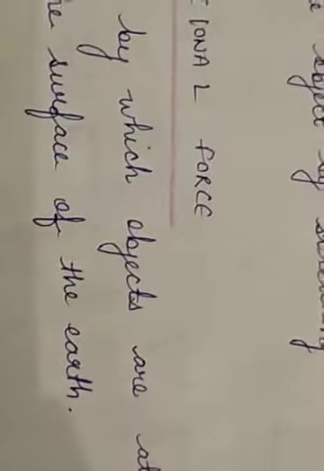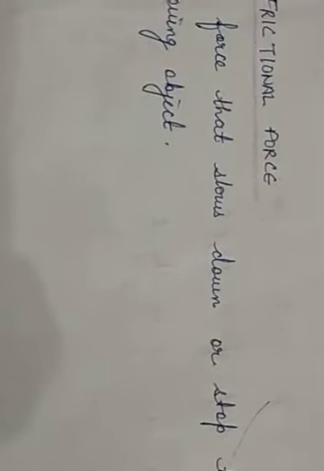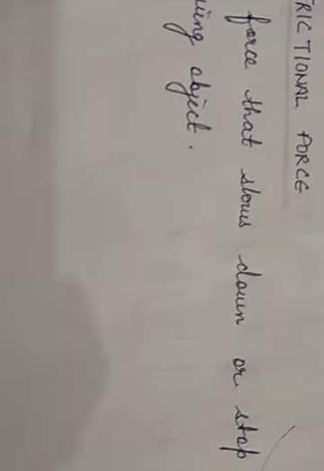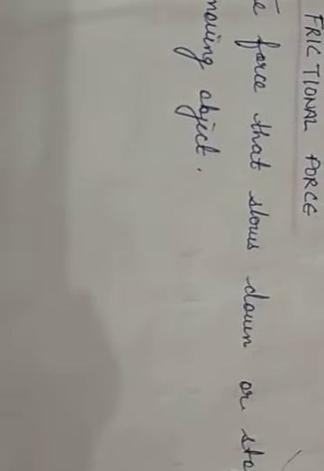Now coming to the last force, that is frictional force. So what is frictional force? The force that slows down or stops the moving object. So this force has the ability to slow down or stop the moving object, and this plays a very important role.